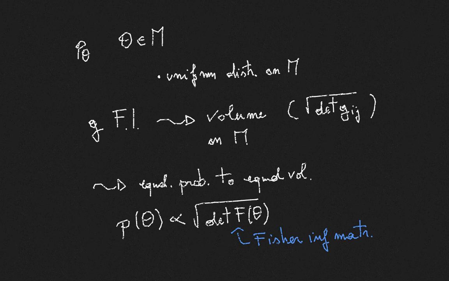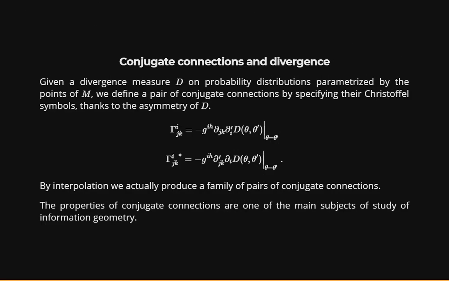And that's, yes, Jeffreys prior, I think. And this is a way to obtain uninformative prior distributions on the parameter space. And again, it is another application of this Riemannian setting on statistical manifolds. And I think I will stop here.